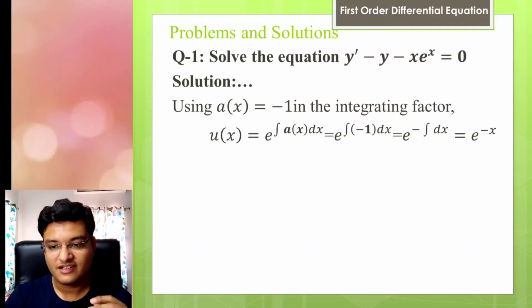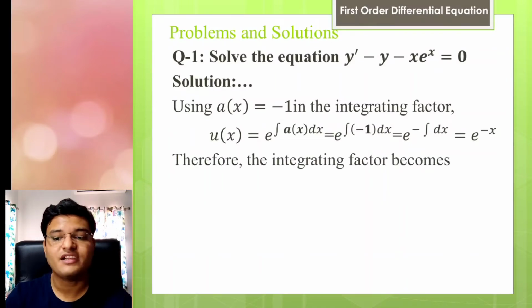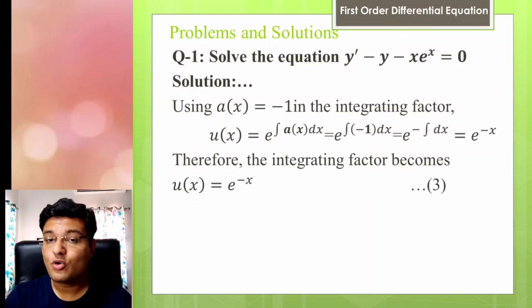This leads to e to the power negative of integration dx, and we know that the integration of dx is x. Hence, u of x is equal to e to the power negative x. Therefore, the integrating factor becomes u of x is equal to e to the power negative x. Name that equation 3.